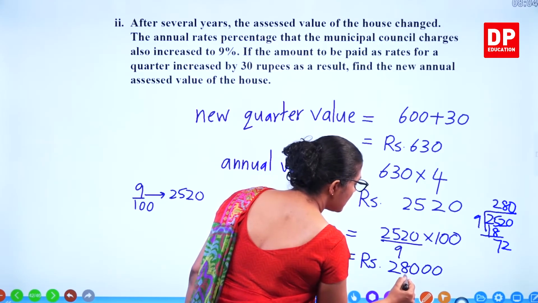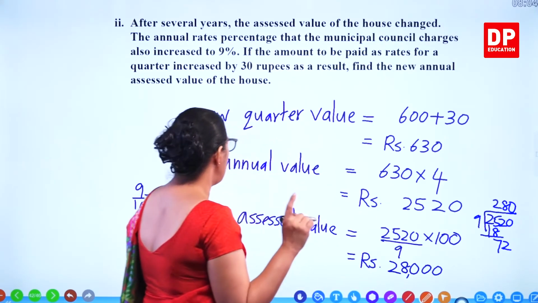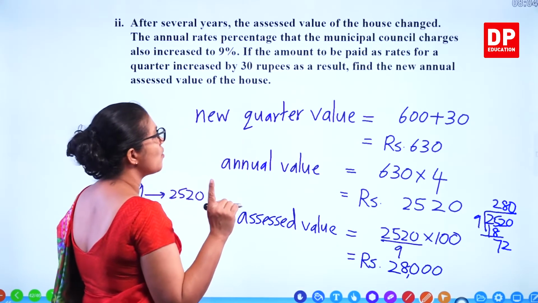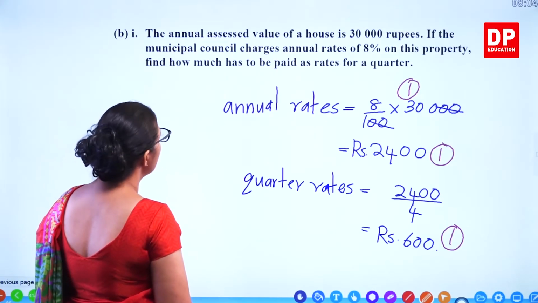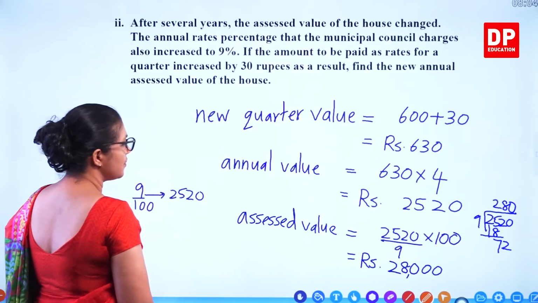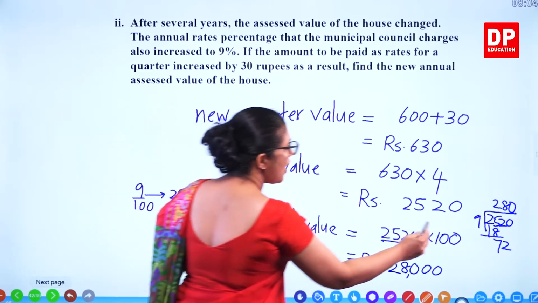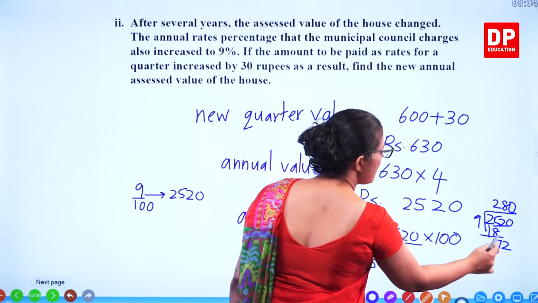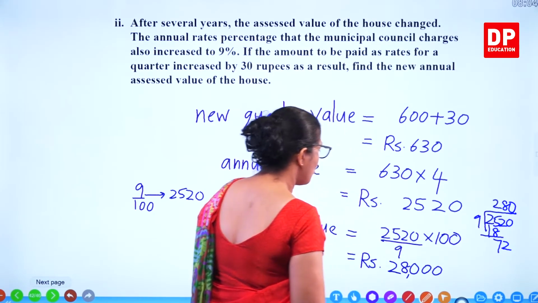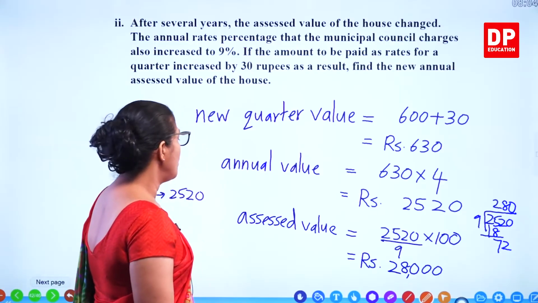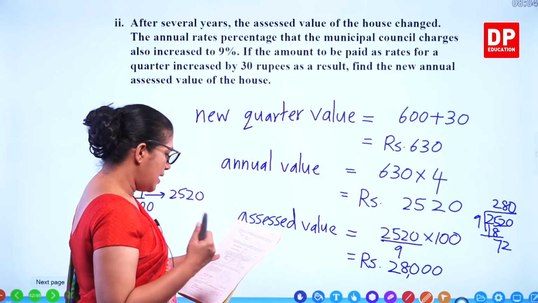So what is the new assessed value? 28,000. So earlier, what's the assessed value? 30,000. So 9 times 2, 18. For 72, 9 times 8. So 280 into that. So that's the new value.